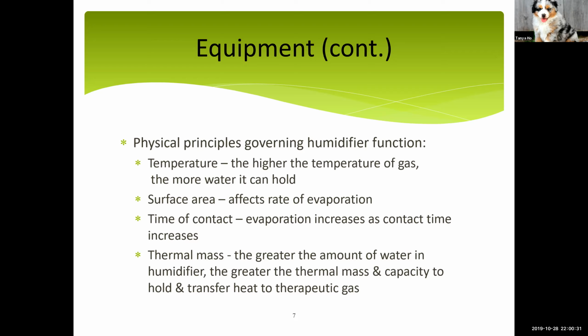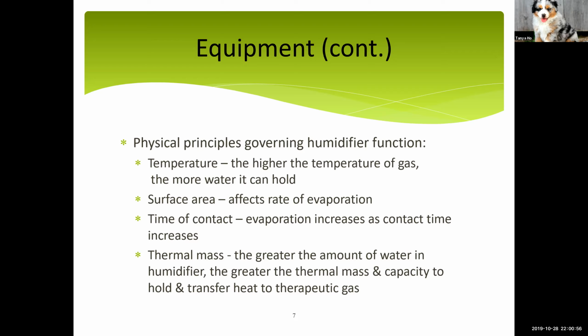So for any humidifier, if you add heat, you improve the output of the humidifier, meaning you improve the amount of humidity that can be produced. So add heat to any humidifier, you increase the output. Okay, I have a picture coming up that demonstrates this. So that's the most important factor.